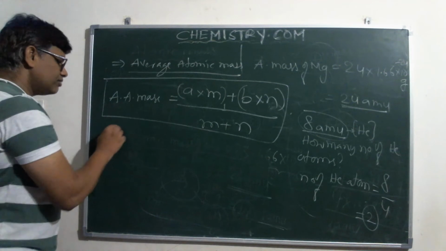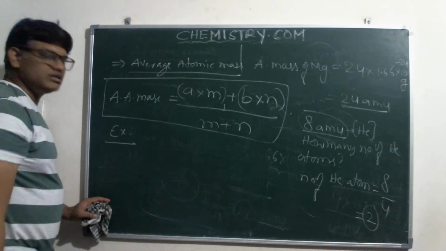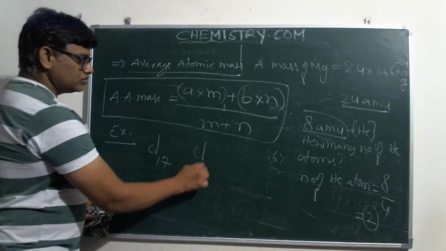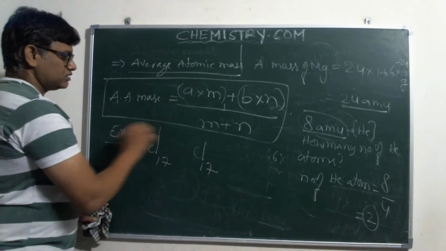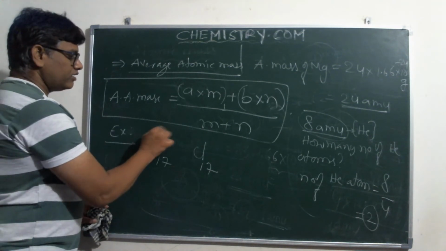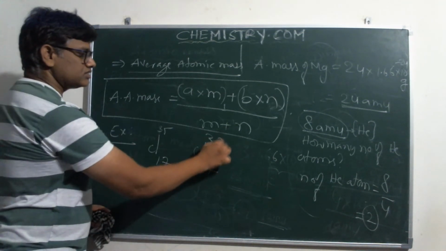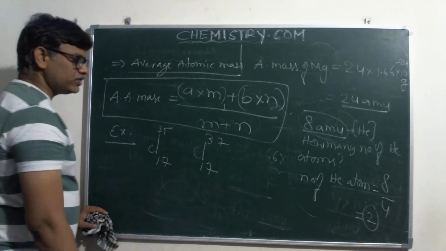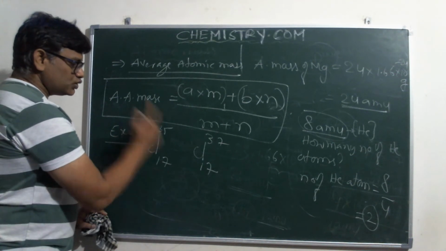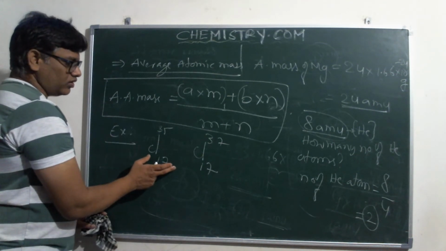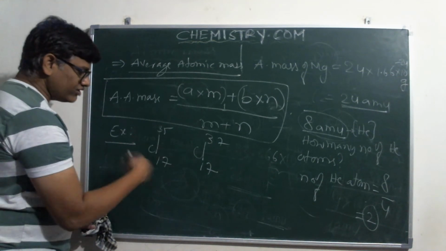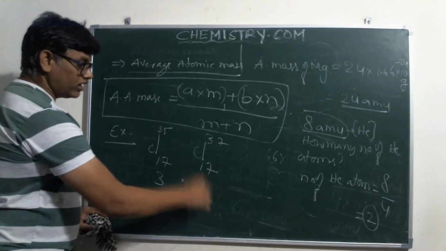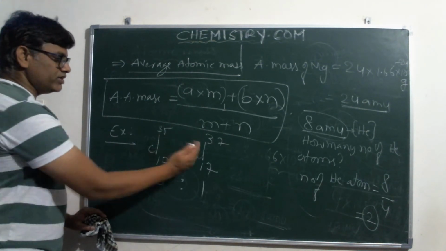Right. For example, chlorine. It could exist in two isotopic forms, chlorine-35 and chlorine-37. Taking the ratio of abundances between these two, chlorine-35 has the greater abundance, that is 75%, so we can take a 3 to 1 ratio of percentage abundance between these two.